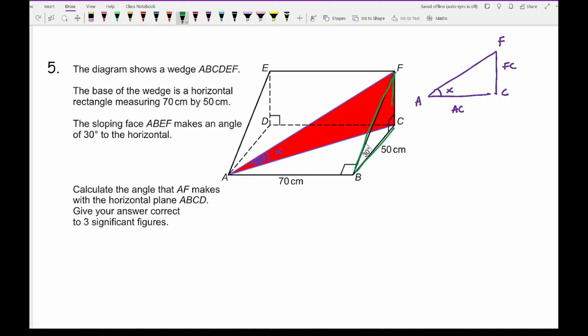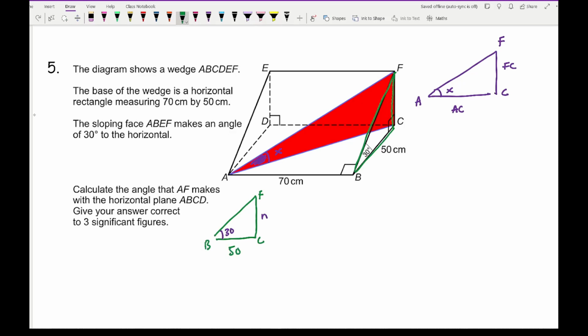So this side uses F and C. Drawing that out, F to C, let's call this N. And we've got this angle here, which is 30, and I've not labelled that point, which is B. We also know that this length here is 50.